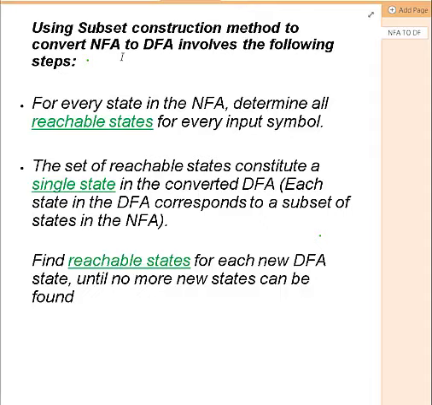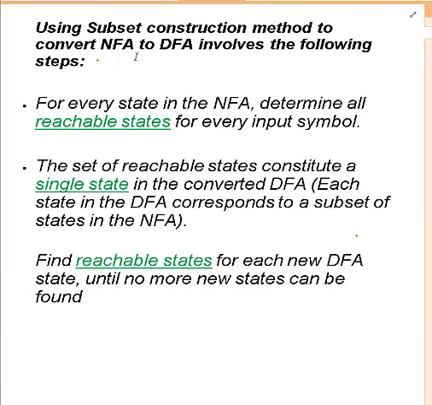Using the subset construction method to convert NFA to DFA involves the following steps. Firstly, for every state in the NFA, determine all reachable states. We have to see which states are reachable, because in an NFA we may have many states which are not reachable, so we will leave them. We will not take them in the DFA. So you have to consider all those reachable states for every input symbol.